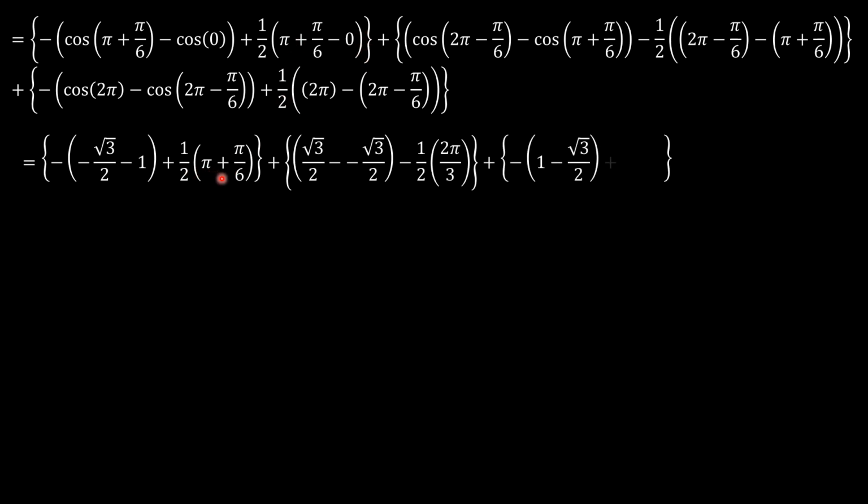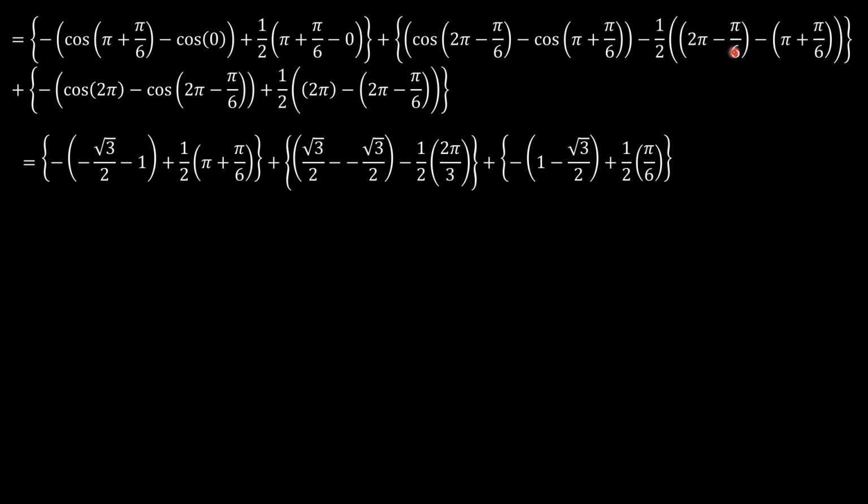We're left with pi plus pi over 6. And then here we have cosine of 2 pi minus pi over 6. We get positive root 3 over 2 minus cosine of 2 pi plus pi over 6, which is negative root 3 over 2. So we have negative root 3 over 2 here, minus what we have here is just minus a half.